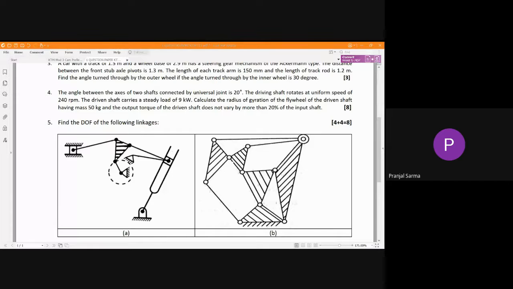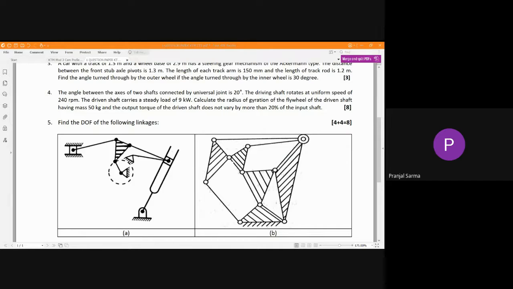The fluctuation of speed was given, so you just need to use the given formulas. The universal joint's inclination angle is given as 20 degrees. The driving shaft speed was given, and on the driven shaft there is some loading, 9 kilowatt steady load.